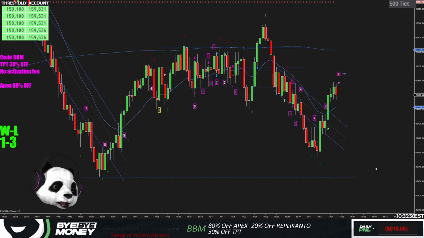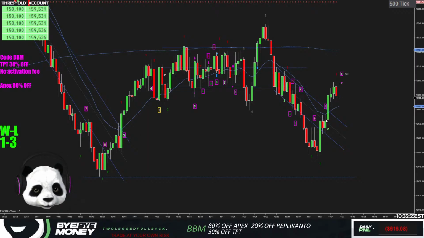Feels like I just short in bad price action. There's a little gap here that's probably going to fill eventually. A literal gap of price action here. Hard to see, but there's a little teeny gap.